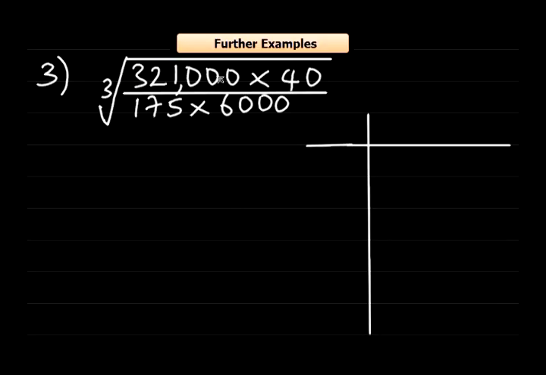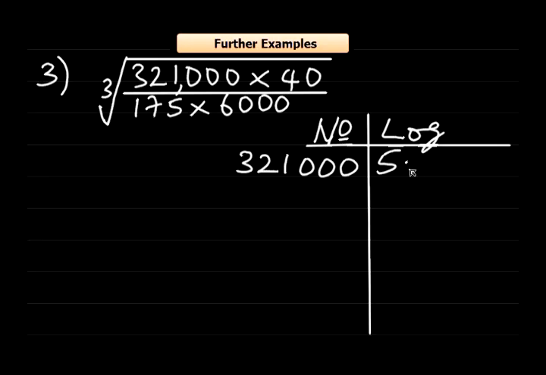Then we'll write here: number, log. Write the first one, 3 2 1 0 0 0. Then what's our characteristic? We count 1 2 3 4 5 6 minus 1, 5.